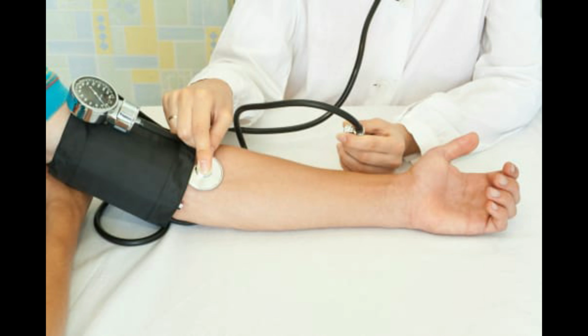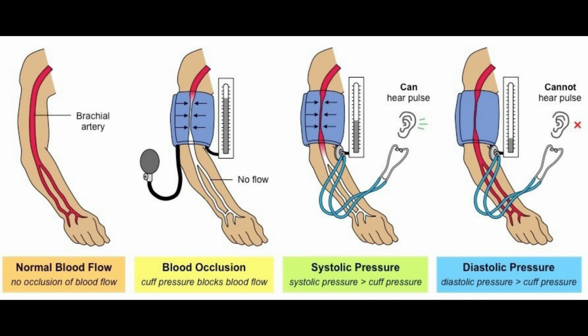The cuff is inflated above the systolic pressure and then allowed to deflate at a rate of 2 to 3 mmHg. With falling cuff pressure, sound begins and slowly changes its characteristics. If you got any chance to observe this, you can really relate to what I'm saying and understand what the Korotkoff method is.